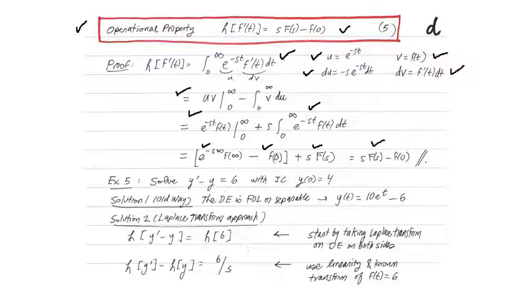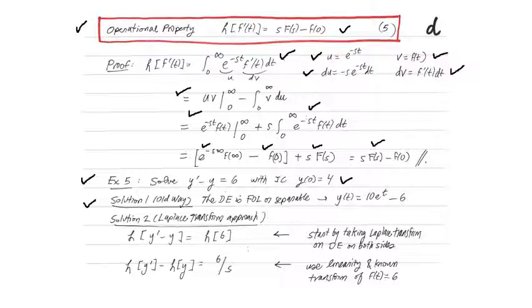And now that we have all the ingredients that we need, we can look at an application to differential equations. That's what's happening here in example 5. We have a first order constant coefficient DE with initial condition y of 0 equals 4. I generally ask students to try this problem using one of the other methods that we learned earlier in the course.